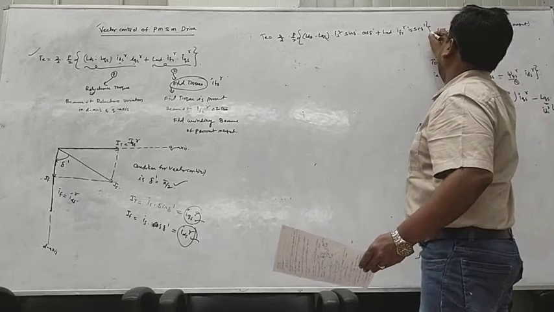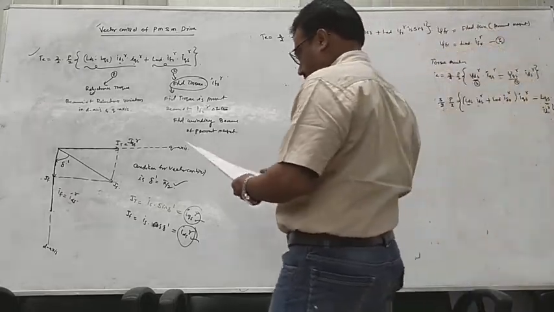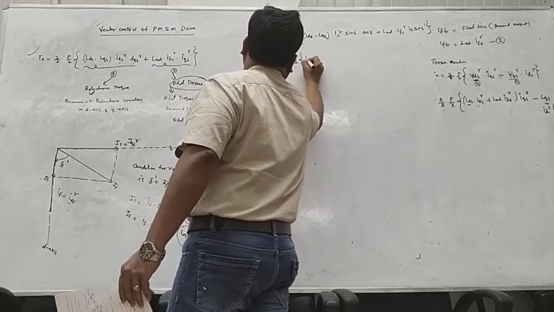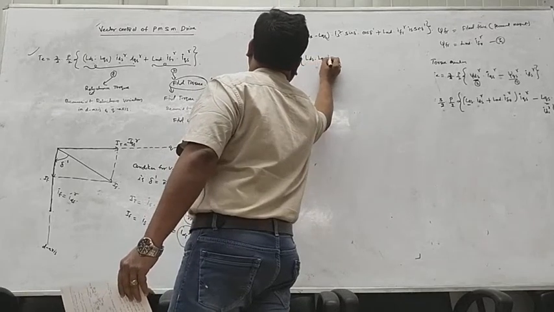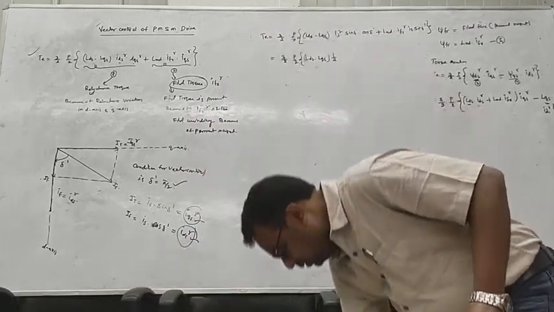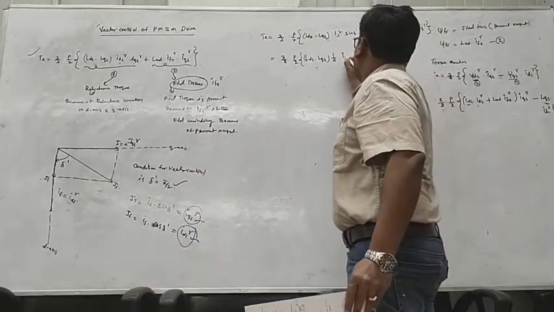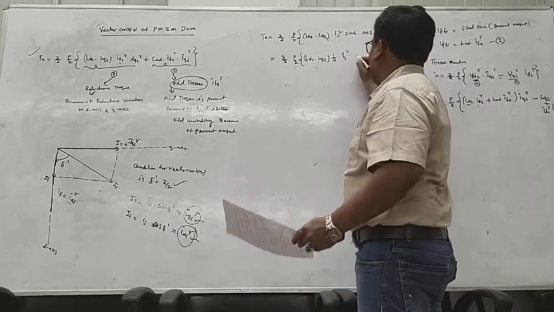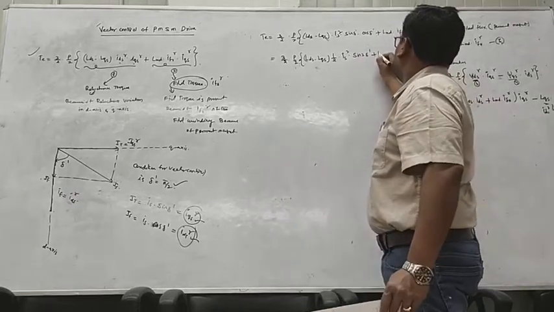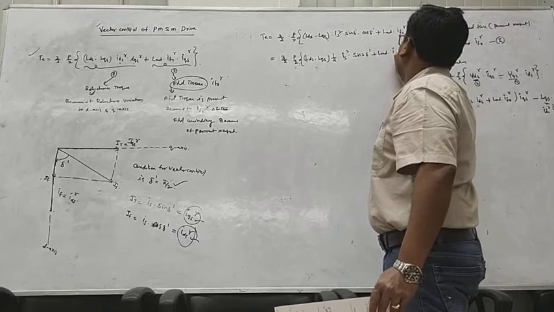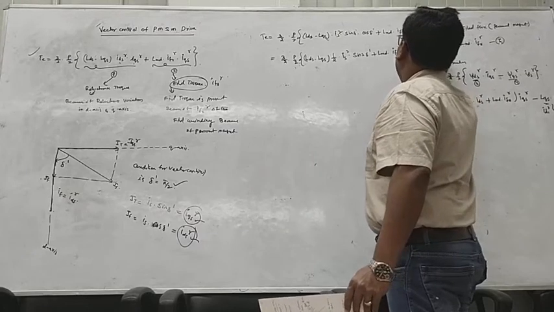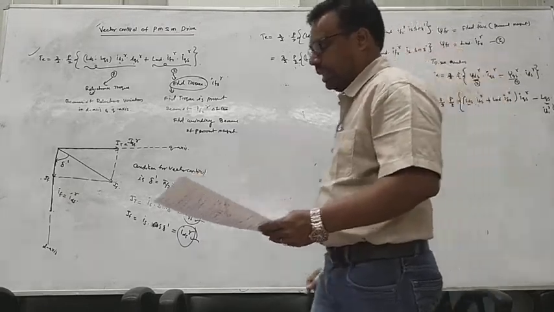If you further simplify, the torque equation is 3 by 2 into P by 2 into LDS minus LQS into 1 by 2 into IS square sin 2 delta prime, plus LMD into IFR into IS into sin delta prime.